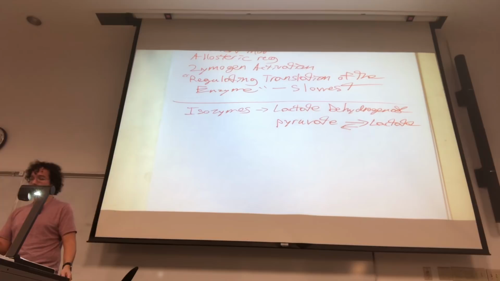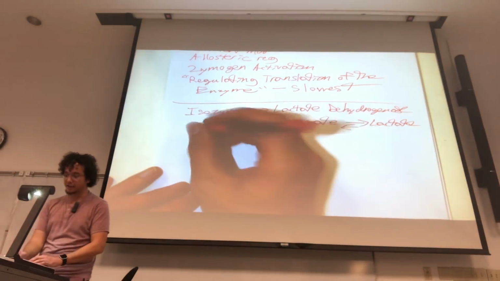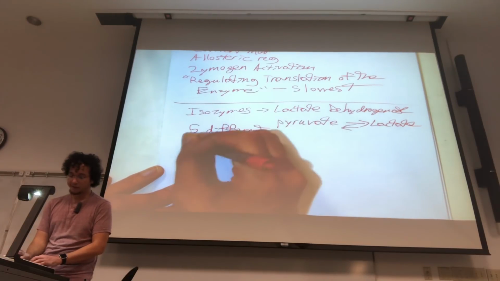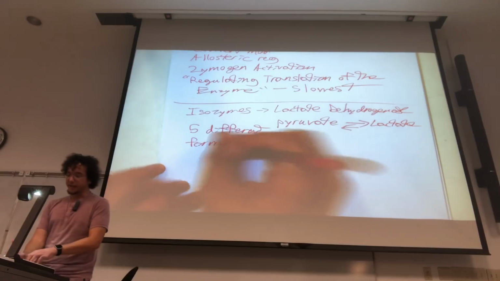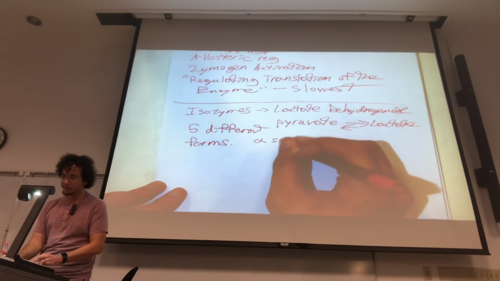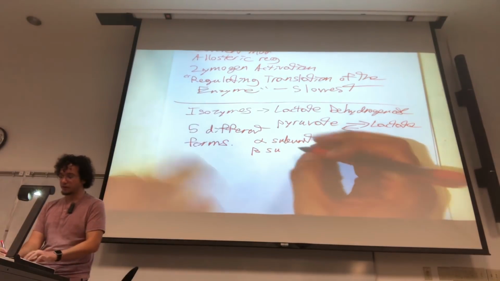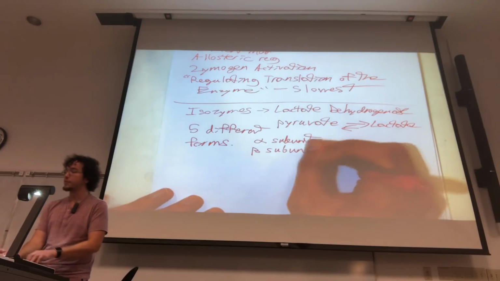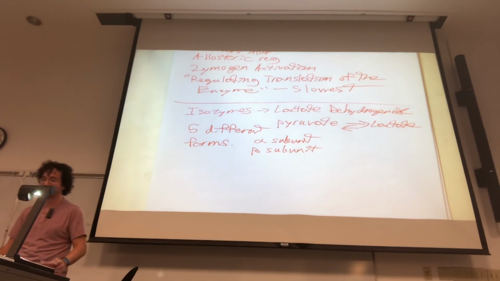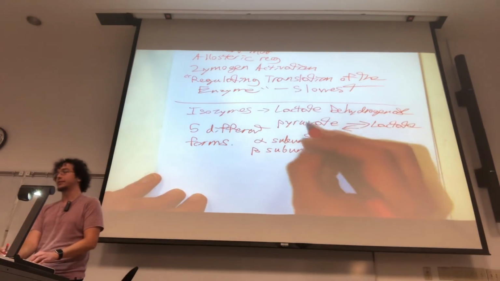You can take a look at the isozyme slide in your notes, but they describe that lactate dehydrogenase has 5 different forms that contain some combination of alpha subunits and beta subunits. Each of these 5 forms will contain a different mixture of alpha and beta subunits, and depending on how much of each it has, it may catalyze this reaction in a left to right direction or a right to left direction.